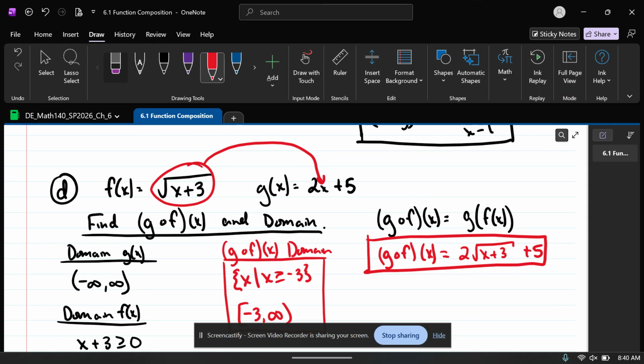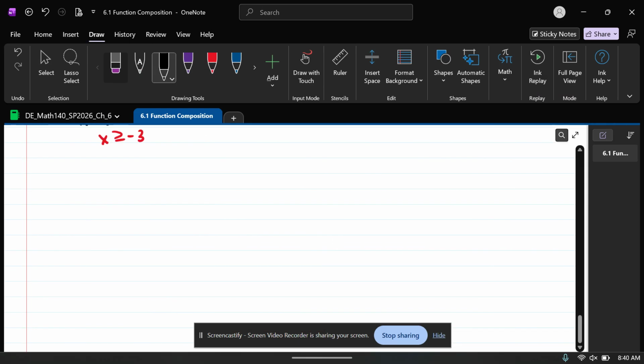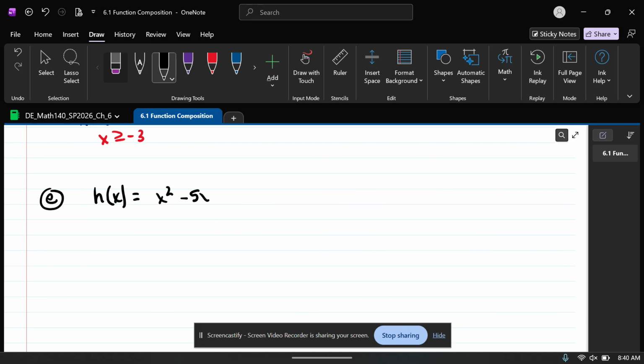Let's look at another fraction one so we can get some practice with it. Example E. Let's change letters. I'm tired of f and g. So h of x is x squared minus 5x plus 7. And then let's do k of x instead of g of x. k of x is 3x over x minus 2. Okay.